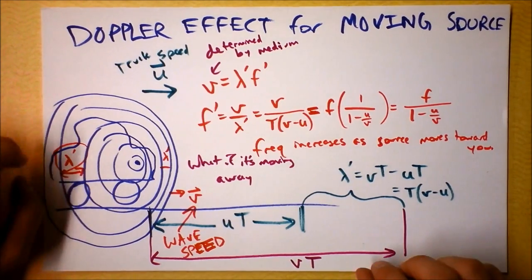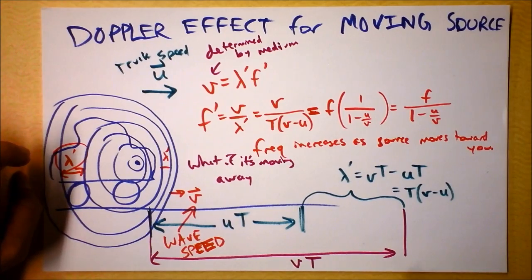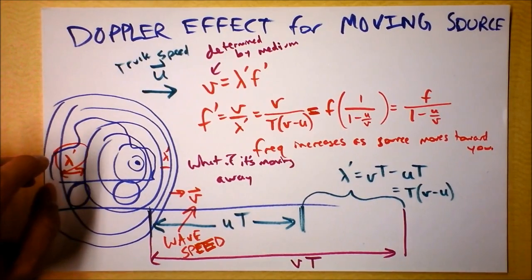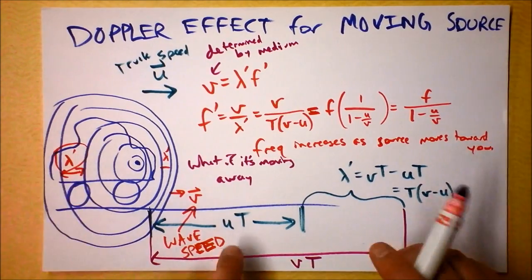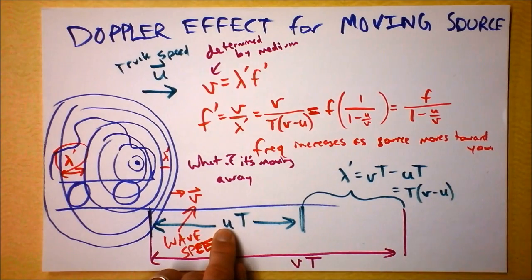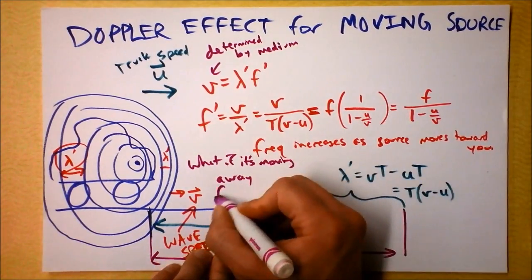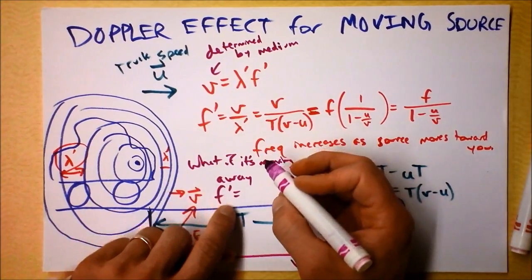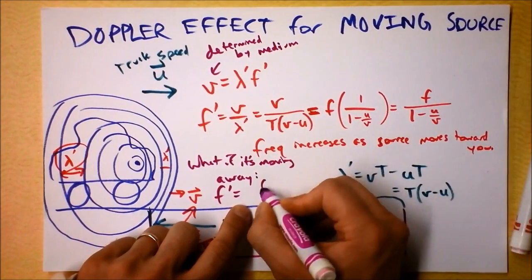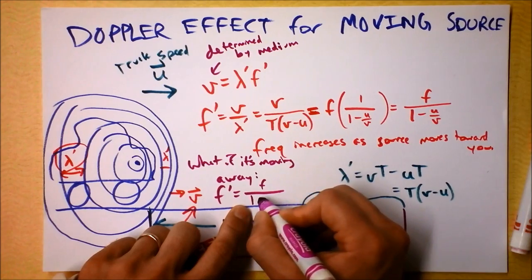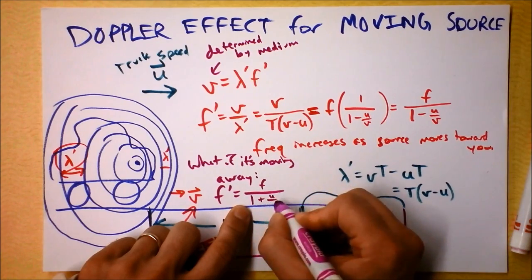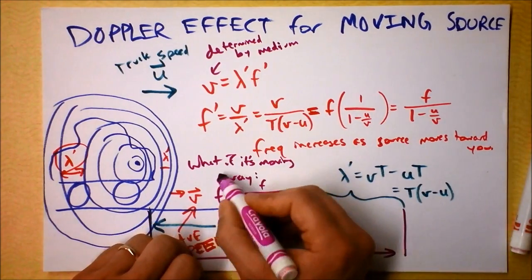And if you hear a much deeper sound, then you'd see it moving away from you, because U would be negative. So all I have to do is rewrite the equation. If it's moving away, we'd have F divided by 1 plus U over V.